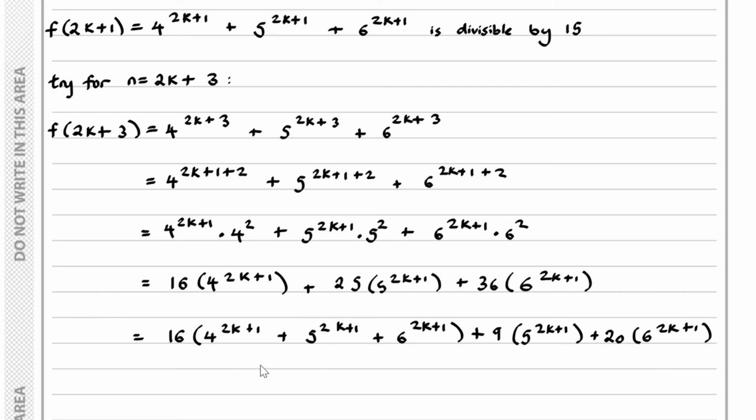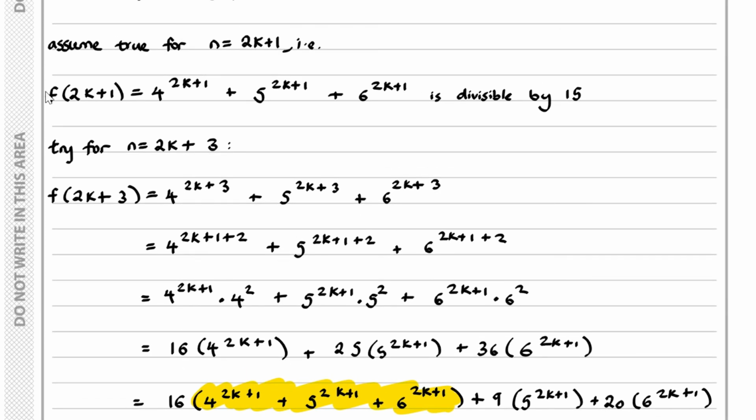So, we need to now show that this is divisible by 15. And you'll notice over here, this result over here is what we assumed f of k to be. And we said that this was divisible by 15.